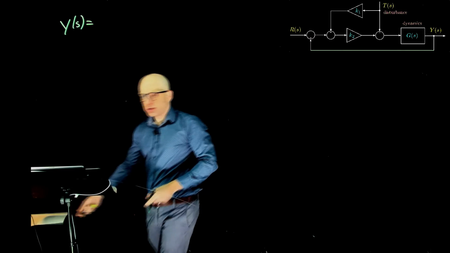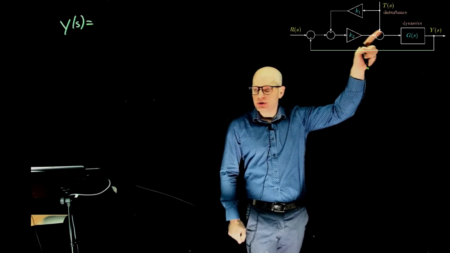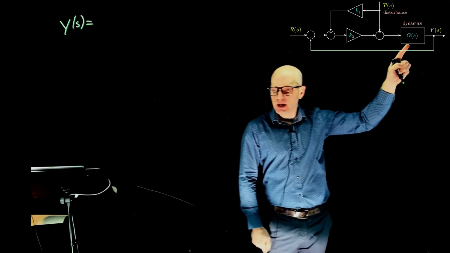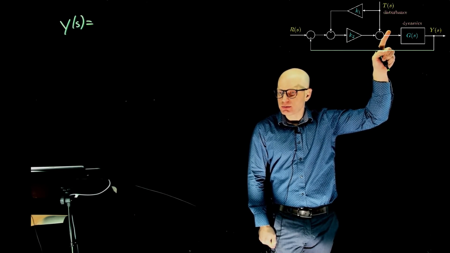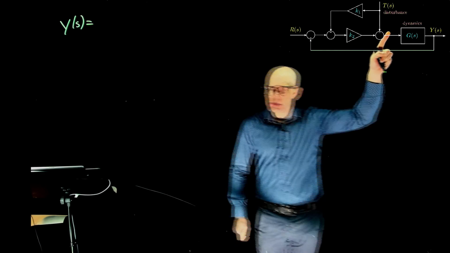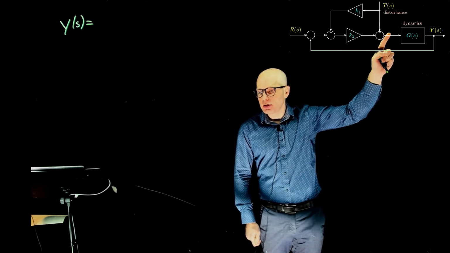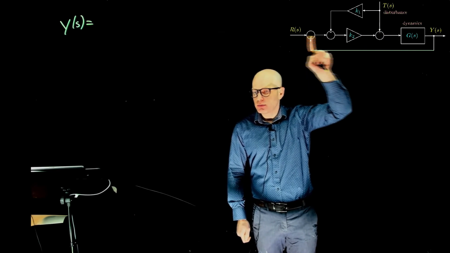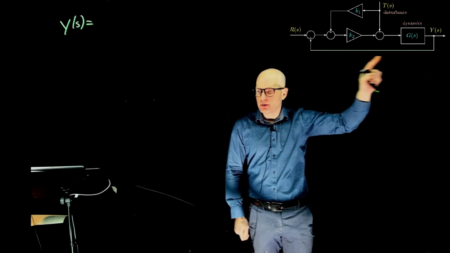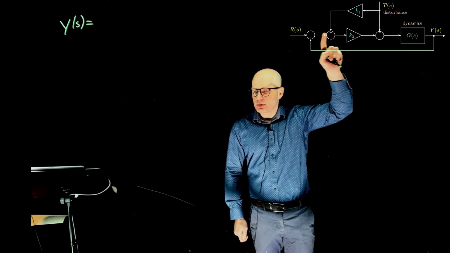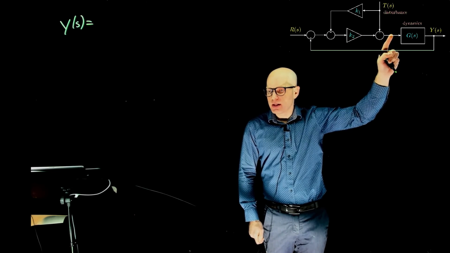Let's think about all the signals that merge at this point here, multiply by G, that is Y of S. So now we need to find all the signals that come to this point here. What are the signals that we have here? We have T going here, we have R going right there, and we also have Y coming through this, going through the sum, and going back there is also being added here.